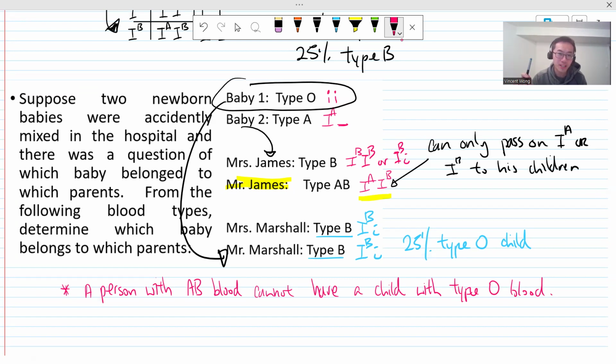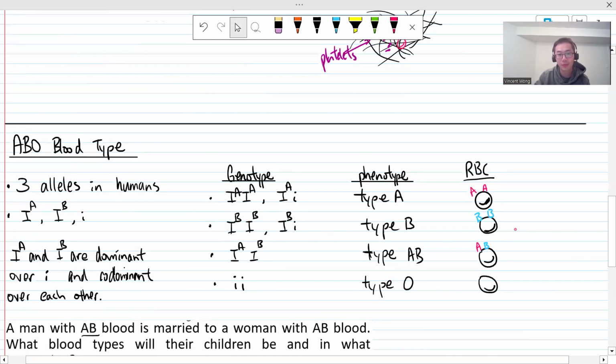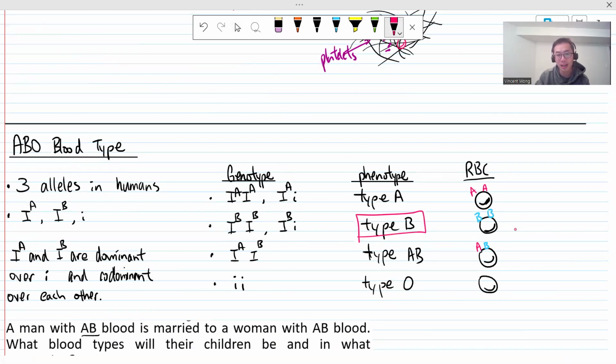Okay. What's the question again? But Professor, both have type B, but how does the child come with little i? For the Marshalls? Yes. Okay, so if we go back to here, there are two ways to have type B blood.